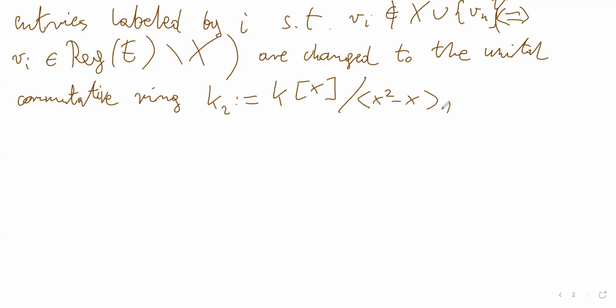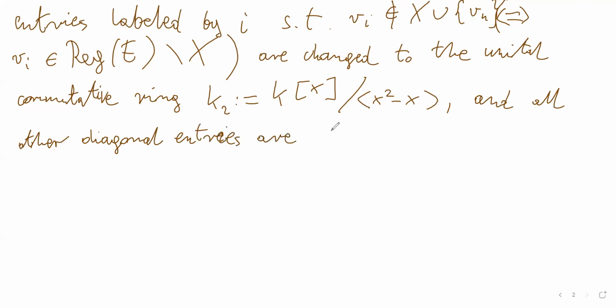And I have to finish, and all other diagonal entries are unchanged. We'll do a concrete example in a second, but let me finish the definition. Now I have to say how I do multiplication.